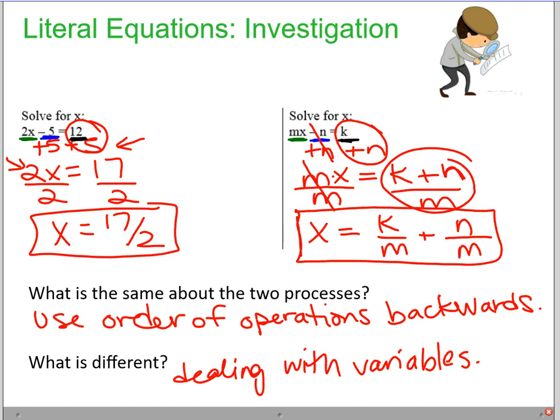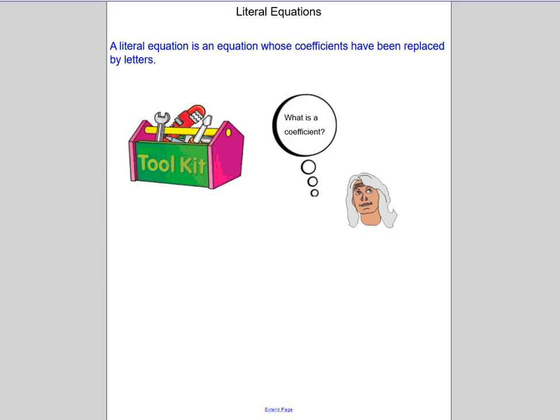All right? So get out your toolkit, guys. Here's the definition of a literal equation. A literal equation is an equation whose coefficients have been replaced by letters. So pause this, write this down into your toolkit. What is a coefficient? A coefficient typically would be like 2x, right? 2 times x.